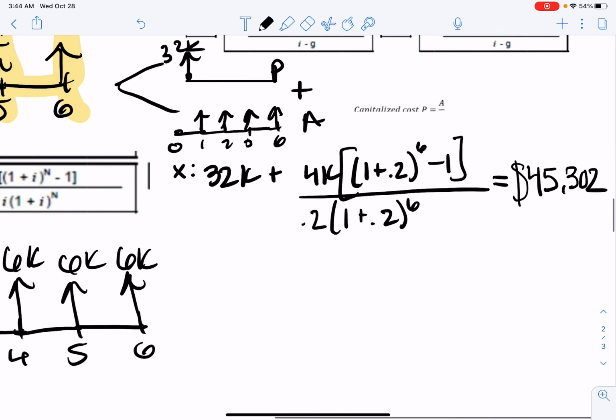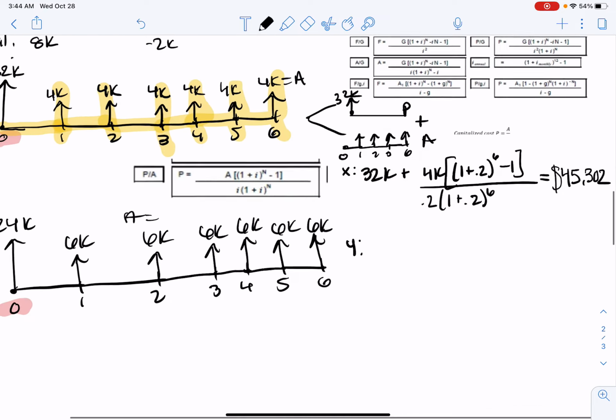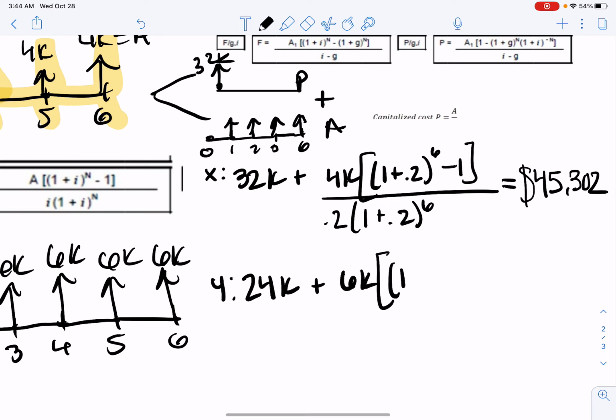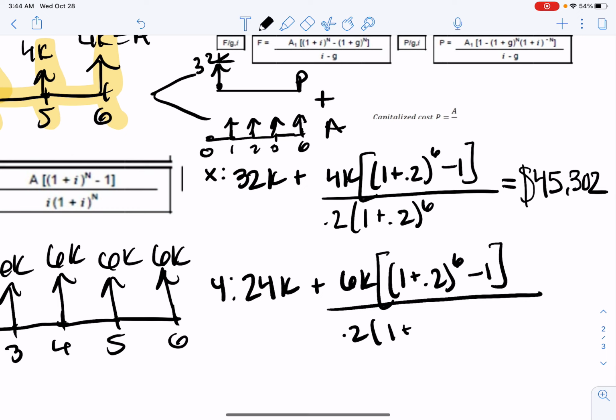Okay, next we do the same thing for y. In this case, our present value is 24,000. And same thing, you just plug in 6,000, 1 plus same interest, 0.2, same useful life. So that's convenient. And then you've got your interest, 1 plus that interest to the power of 6.